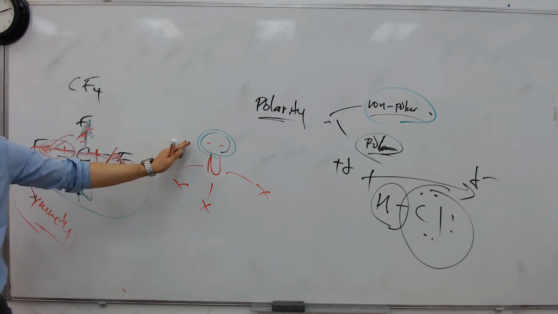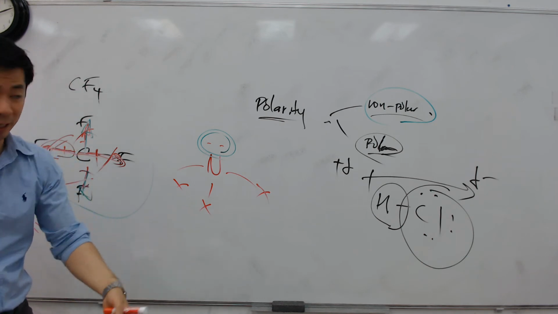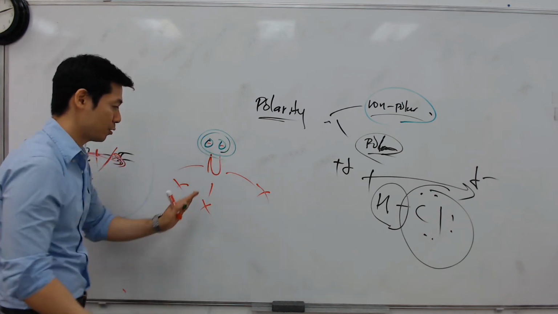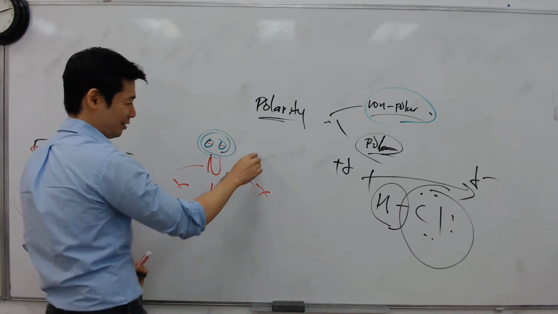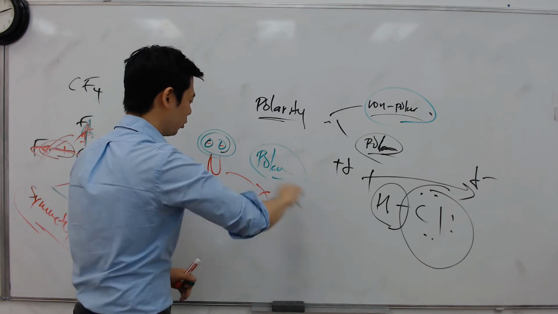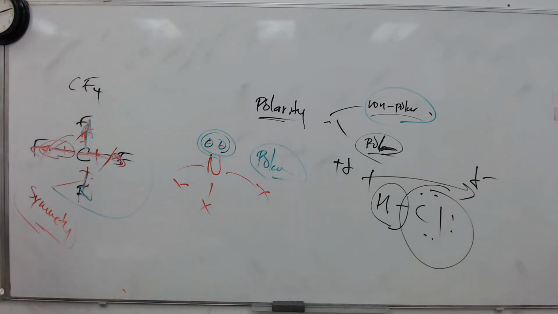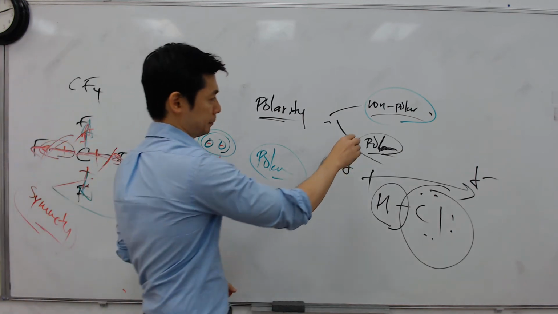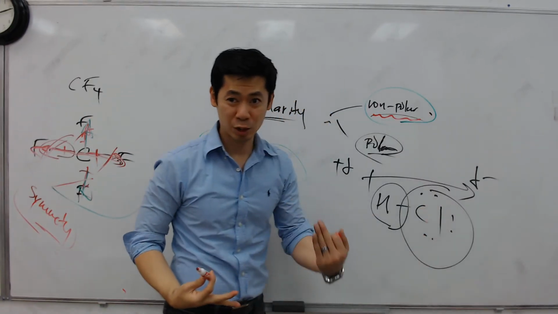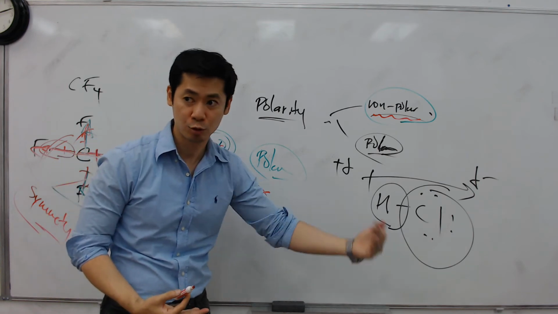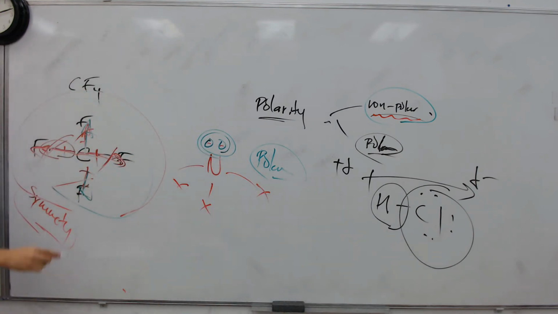So when you draw the Lewis dot, if the central atom has a lone pair, it's polar. That's one of the ways to look at it. Polar molecule, no question. In order to be nonpolar, the electron distribution must be symmetrical like this one. There's one going here, one here, one there, and they cancel out.